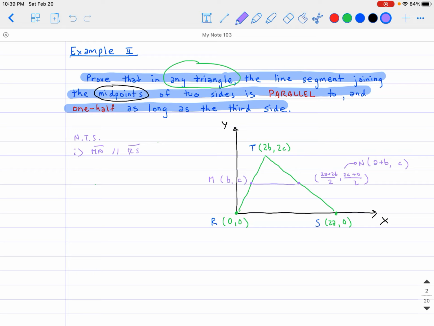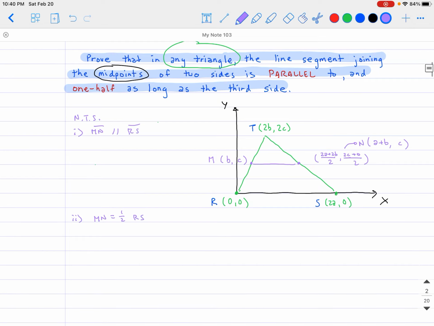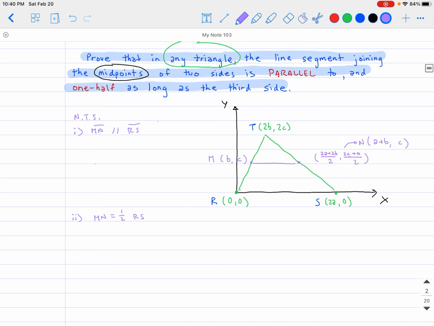Here's MN, and RS is on the bottom. In addition, number two, I need to show that MN is half the length of RS. Let me give ourselves a little bit of space because I think we can do the proof in between them. So part two, I need to show that MN is equal to half of RS. If I can show those two according to these coordinates, then we're pretty much home free.